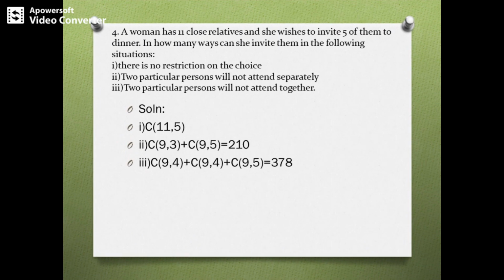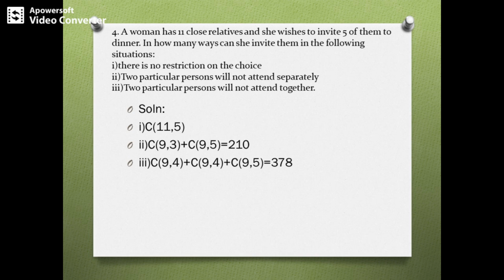The next question: a woman has got 11 close relatives and she wishes to invite 5 of them to dinner. So totally there are 11 relatives, and the choice is to invite 5 of them to dinner. But there are restrictions given here. In the first question there is no restriction on the choice. That is, anybody can attend.